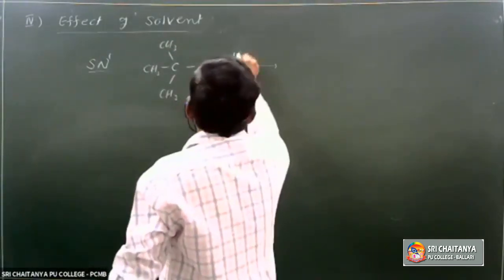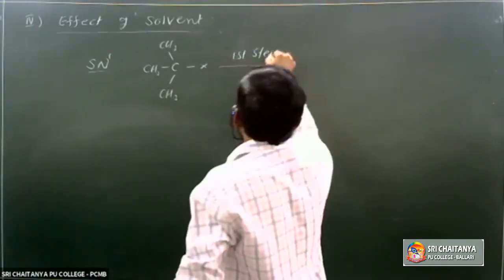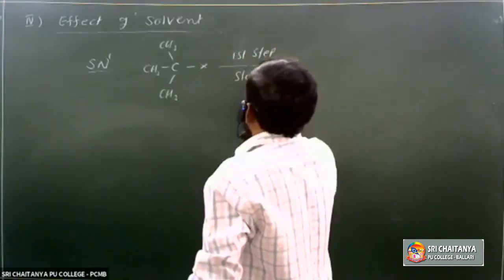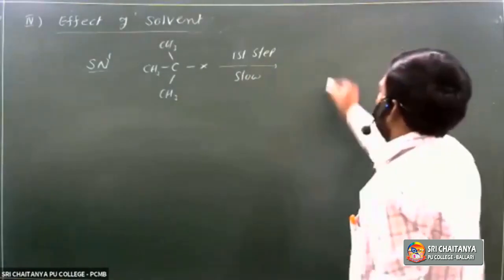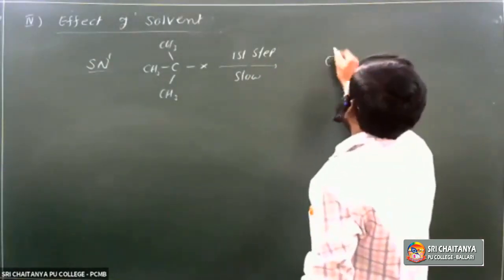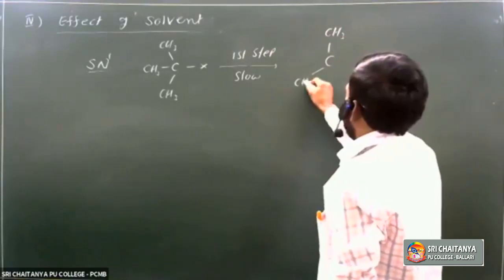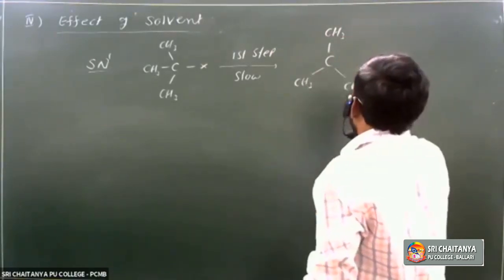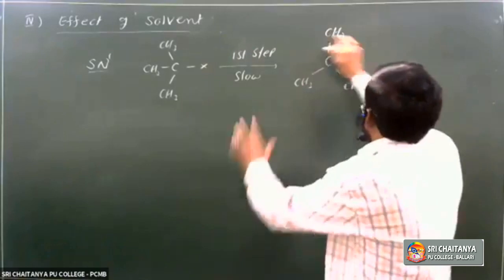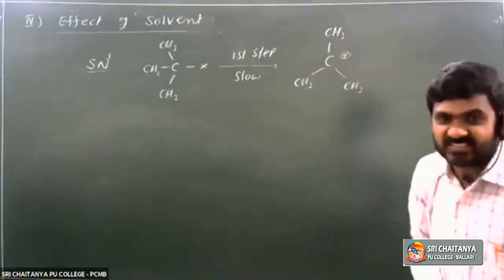The first step is the slowest step, so it is the rate determining step. It forms a carbocation. The hybridization of carbon in the carbocation is sp2, so it has a planar, symmetric structure.